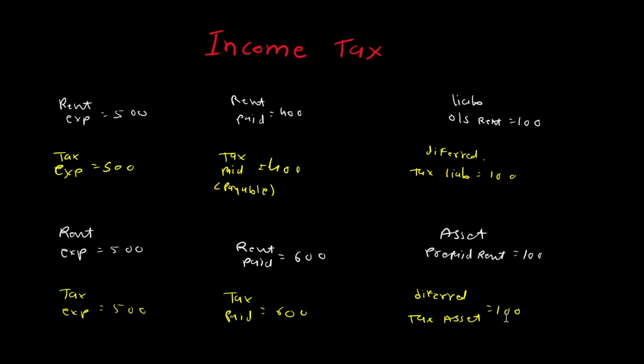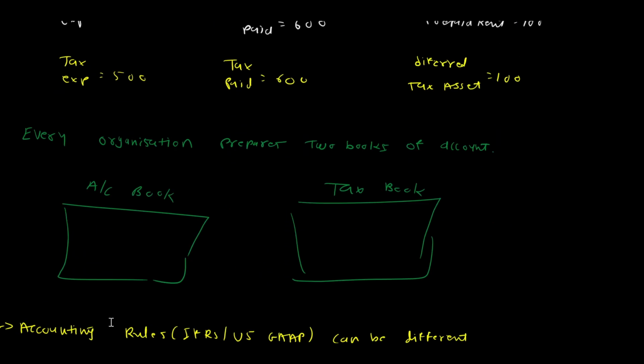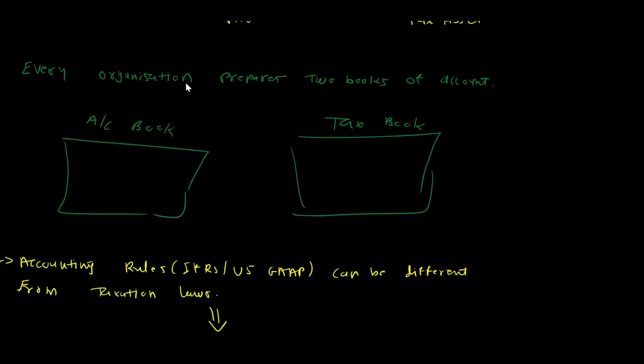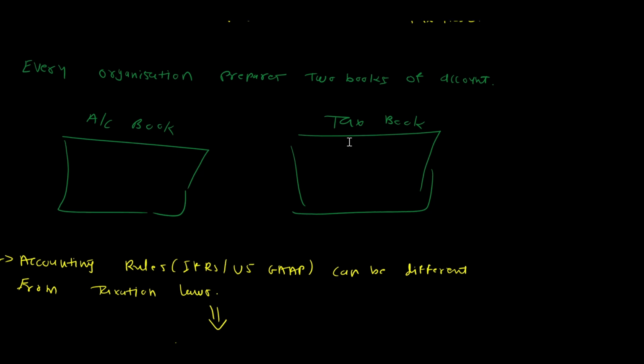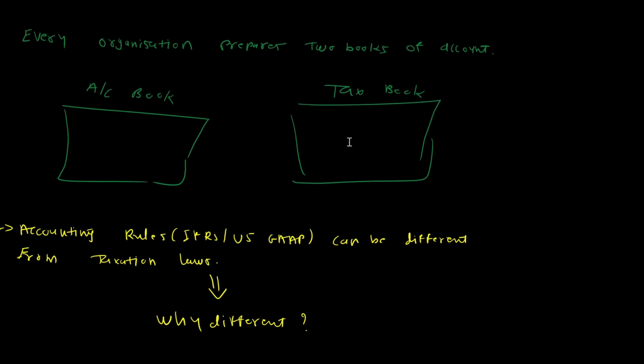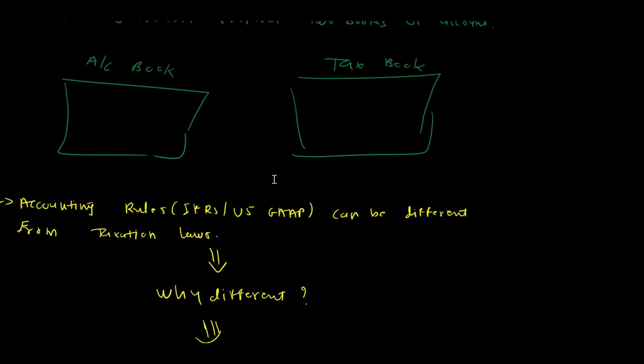So why do we have tax paid and tax expense different when the income statement is the same? Let's understand that every organization prepares two books of account: one is the accounting book and the other is the tax book. But why do companies prepare two books? Because the accounting rules, IFRS and US GAAP, can be different from the taxation law.